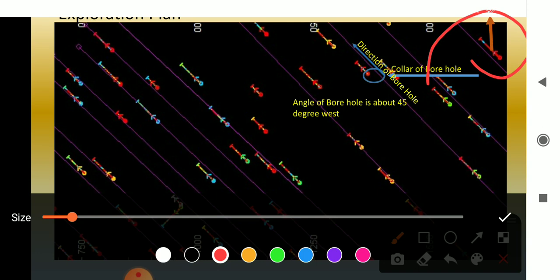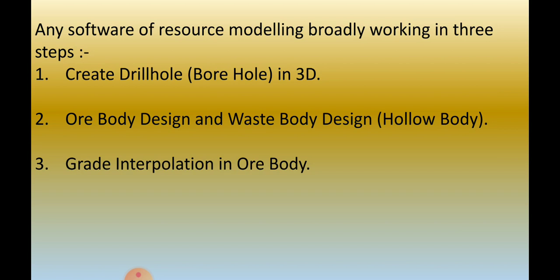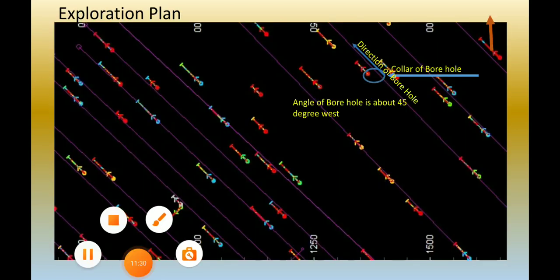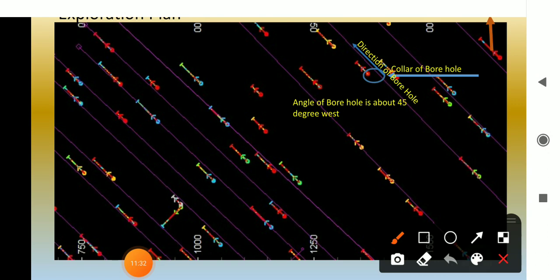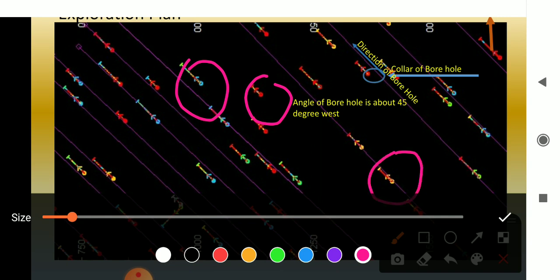This is the north of that plan, and in pink color, it is our cross section line, and these all are the boreholes which we have planned on a particular grid distance.